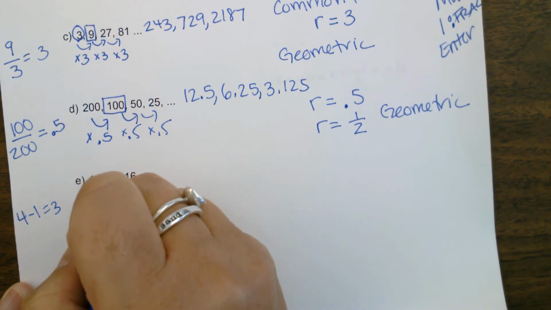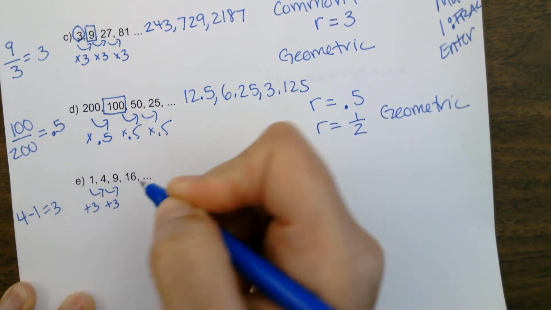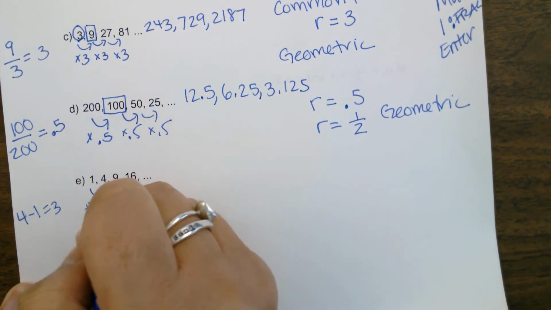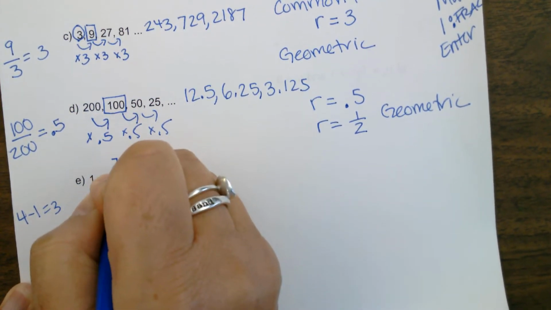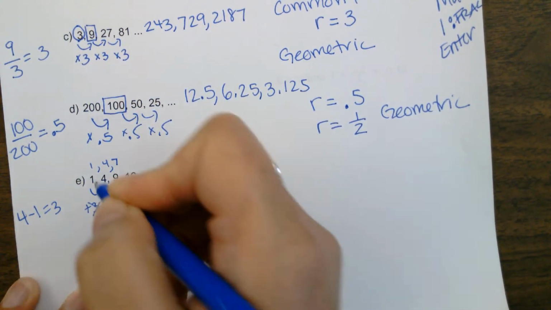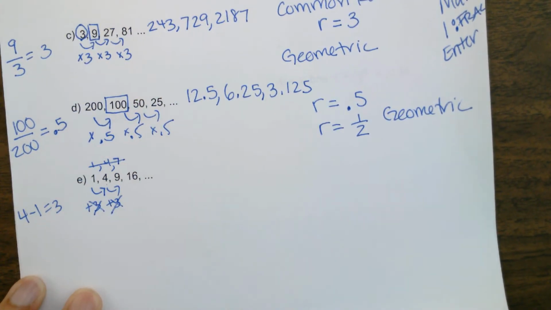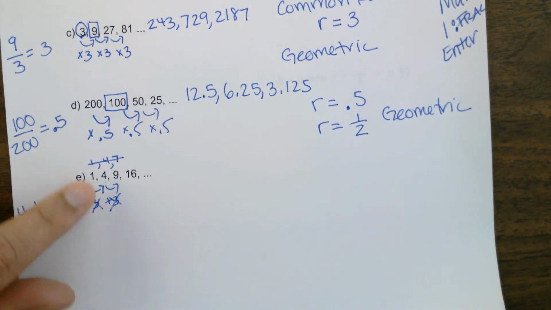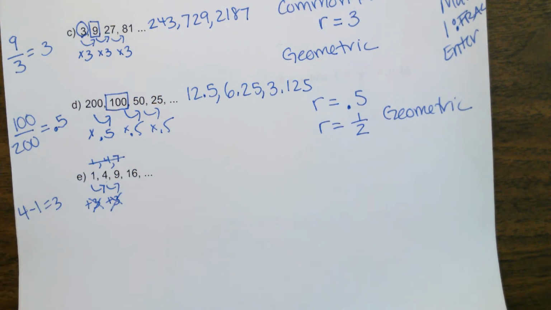Okay, so let's see, plus 3. If I add another 3 to 4, I would get 7. So that does not work, because this would have to be 7 if it had the common difference. If it had a common difference, this 9 would be a 7 and that wouldn't work.